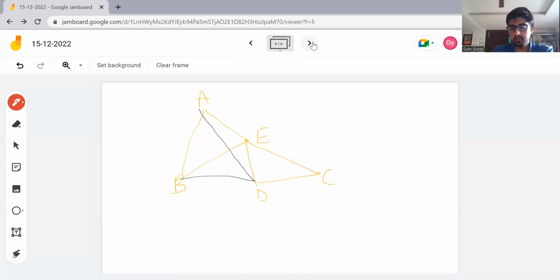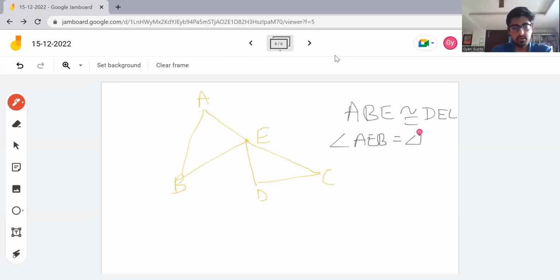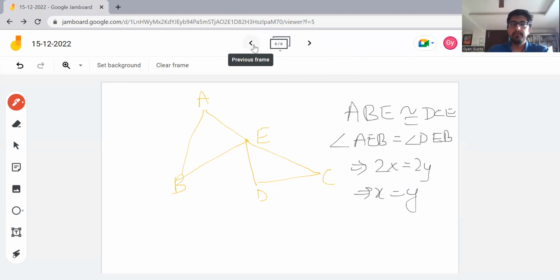I will just undo the black lines for us to understand it better. ABE is congruent to DCE, which will give me angle AEB is equal to angle DEC, which will give me 2x is equal to 2y, which will give me x is equal to y.